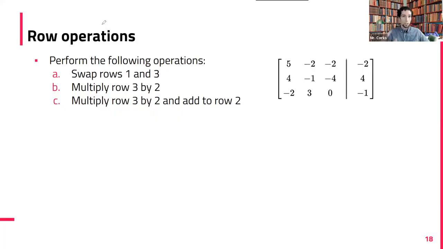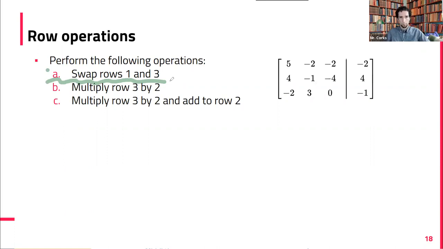Okay, so let's actually do these row operations for this matrix that I have here, and then we'll go back to the one on the previous slide and actually solve that system. So we're going to do these 3 operations. We'll do them independently, not in order or sequential.